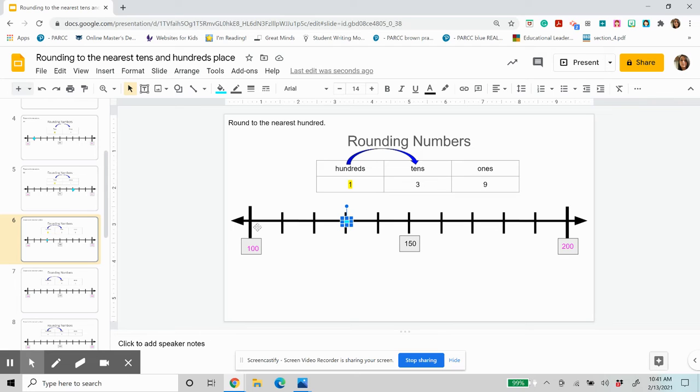Again, as the numbers get bigger, you don't always want to be drawing out a number line, because we want to be efficient and accurate. But these steps are good for when you're beginning because it really does give you a visual. So 139 rounded to the nearest 100 is closer to 100.